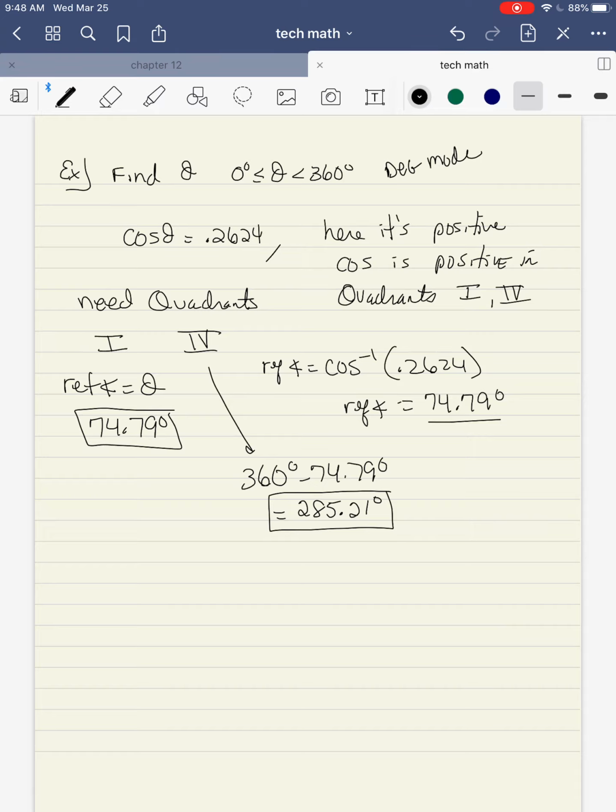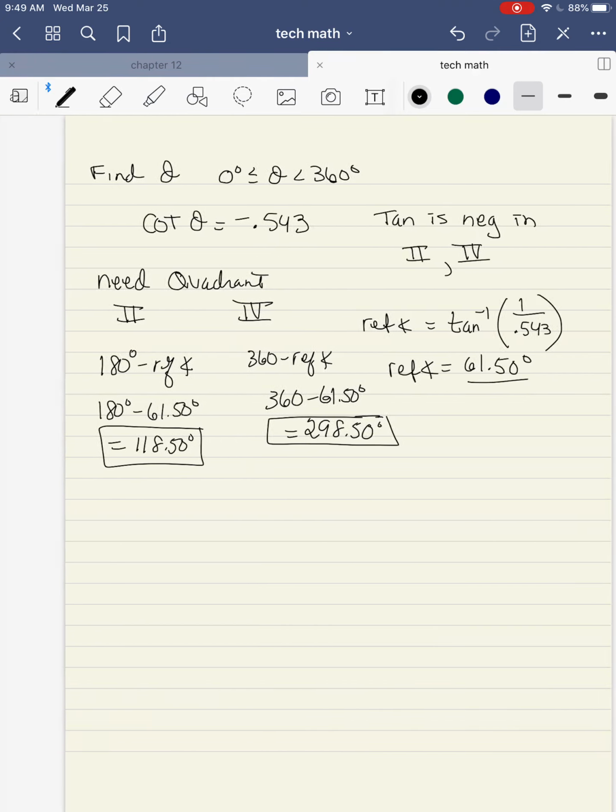I have the ratio of the two sides as 0.2624. So I have to take the inverse cosine of 0.2624. It's already positive, so I just leave it positive. That gives me the reference angle in quadrant 1 of 74.79 degrees. Because that's a quadrant 1 angle, that is the positive angle that I need. So 74.79 degrees is one answer. The quadrant 4 angle is going to be 360 minus the reference angle, so that comes out to 285.21 degrees.